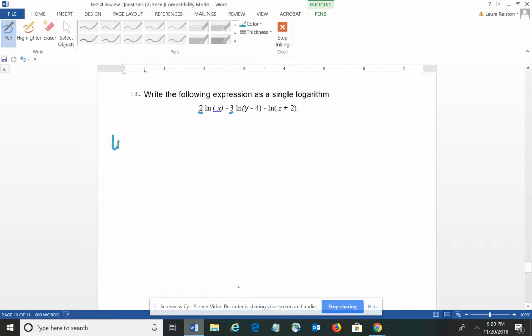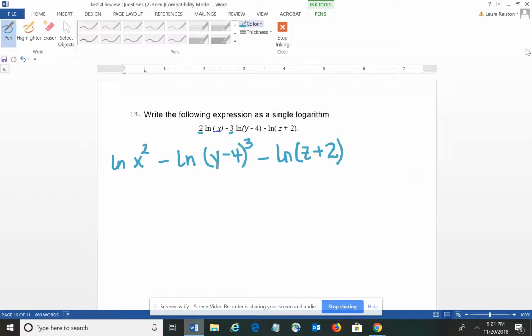So I have the natural log of x squared minus the natural log of (y minus 4) to the third minus the natural log of (z plus 2).